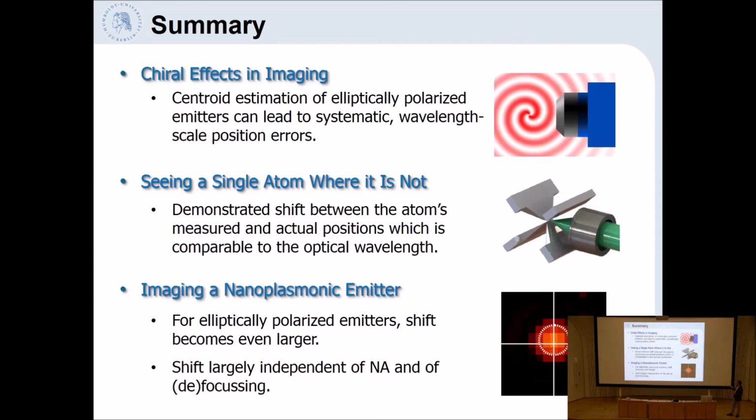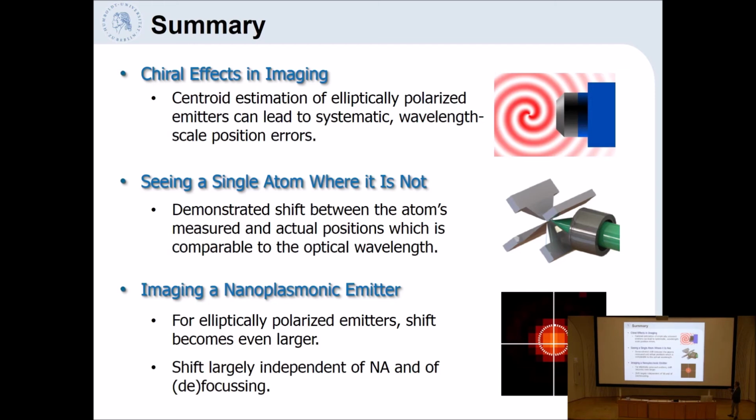So in summary, I showed you that the chiral coupling of the spin and the angular momentum of a single dipolar emitter leads to systematic errors in the position determination when using the centroid fitting technique, which are on the wavelength scale, and we demonstrated this shift by measuring the actual and apparent position of a single atom.